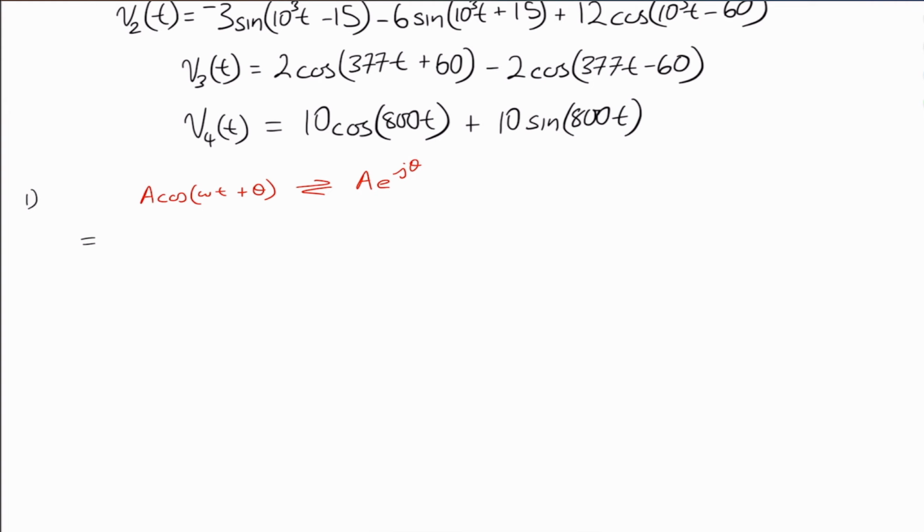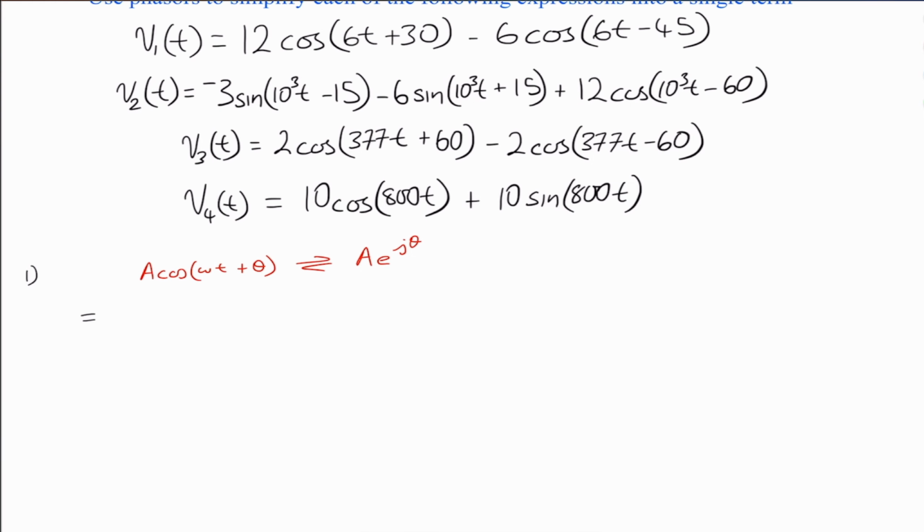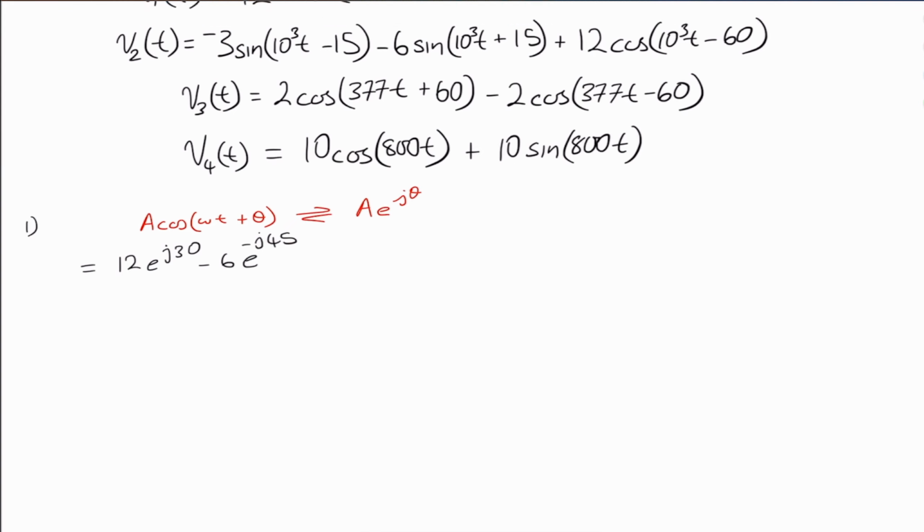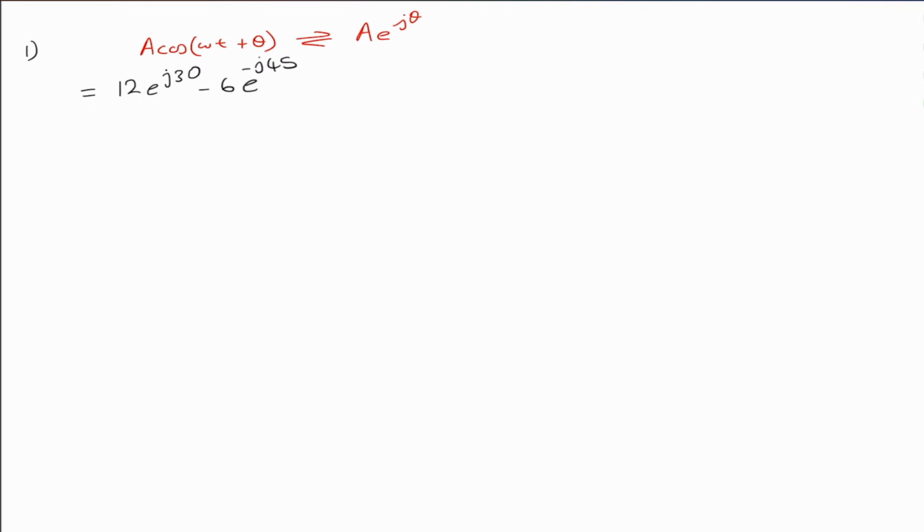So then v1 of t is equal to 12 times the complex exponential e to the j 30 minus 6 times the complex exponential e to the j minus 45. From here, we can then apply Euler's identity, which is e to the j theta equals cosine theta plus j sine theta.